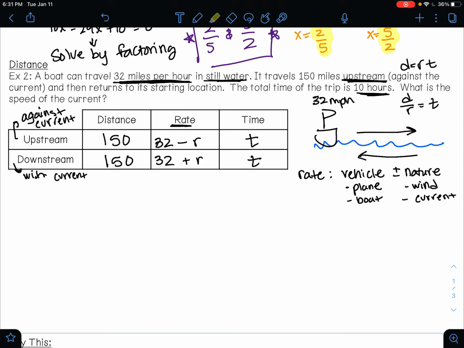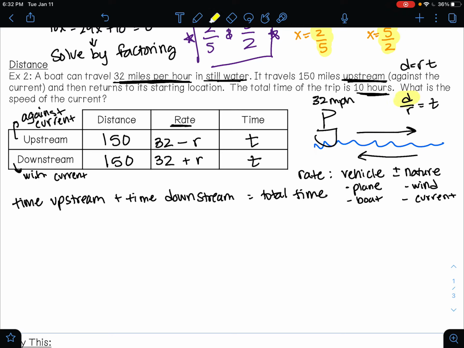So let me look at my equation here. Let's look at upstream first. Let me write this out. The time it takes to go upstream plus the time that it takes to go downstream equals your total time. So let's look at the upstream.